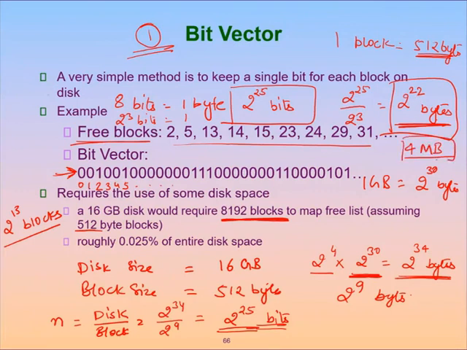So for a 16 GB disk, you need 4 MB of space to store the bit vector information, and it is roughly equal to 0.025% of the entire disk.